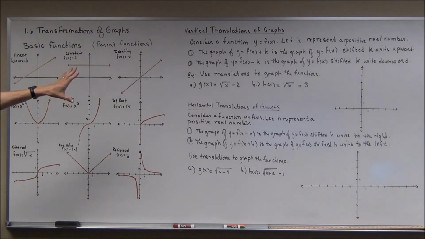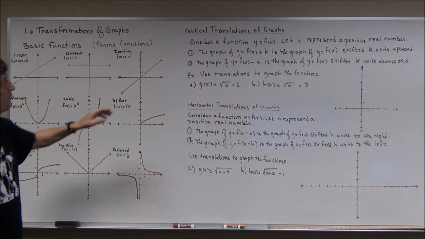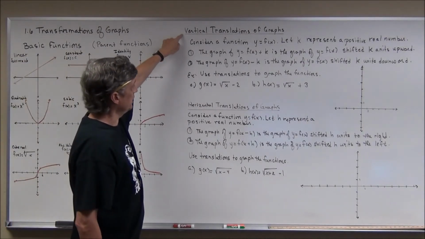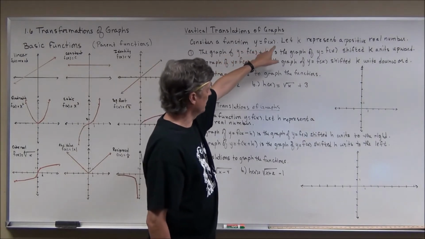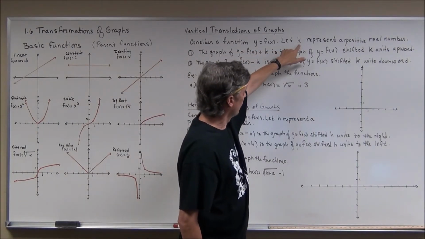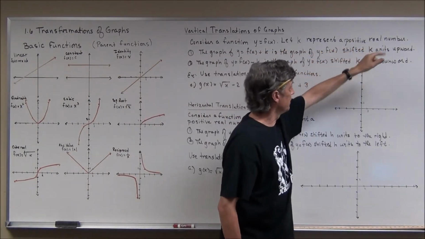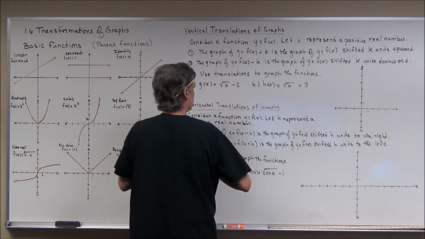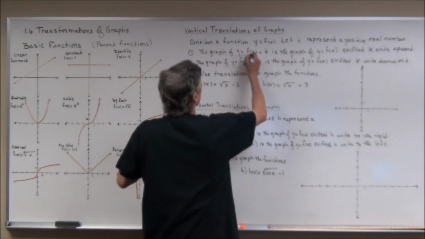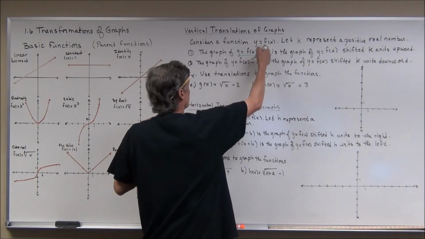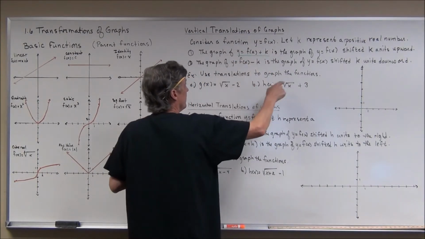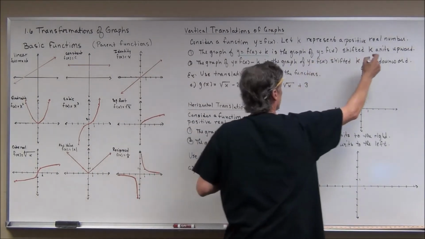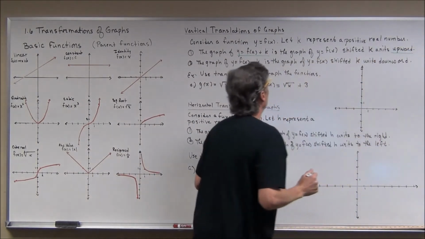But we're going to start with translations. They're probably the easiest ones, and I have some examples here. But very key for the translation is, if you have a function y equals f of x and k, that's supposed to be a lowercase letter k, is a positive real number, then the graph of y equals f of x plus k is the graph of the parent shifted k units upward.